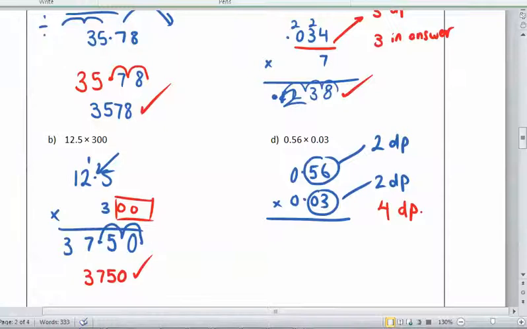Yes, Tyler? For the previous one. Because there was already a decimal point in the 12.5, wouldn't you put a decimal point in the answer and then move it up?